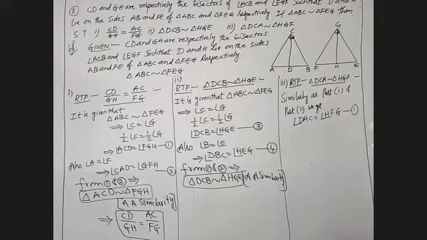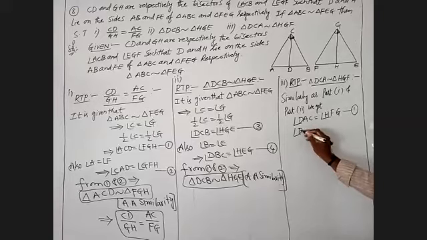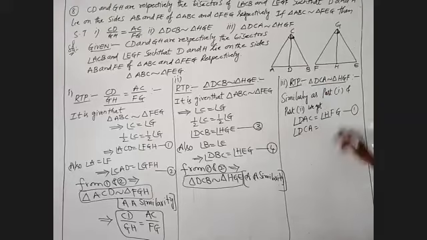What do we have to write in the second one? Triangle DCA is nothing but triangle HGF. This is my equation number 2. We'll observe. This is my equation number 5. This is my equation number 6.